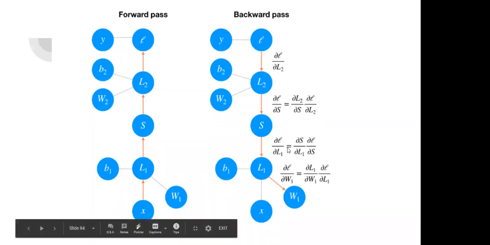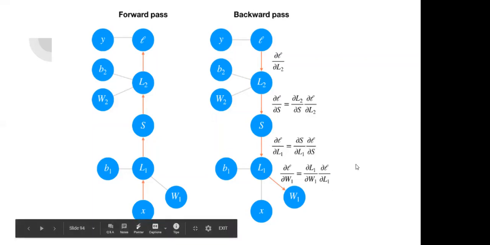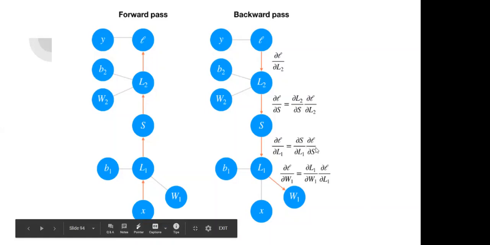We calculated del L by del L1, so you substitute this. For del L by del S, you substitute this. You keep on substituting, and this becomes a very long multiplication of weights, and you'll get to know how much the loss is affected by weight W1.